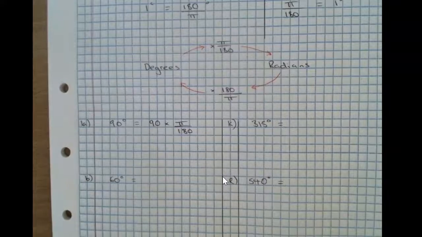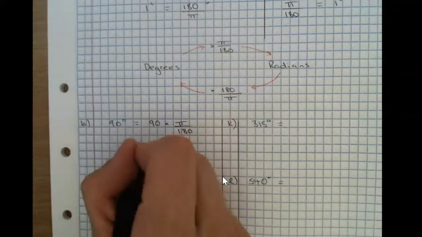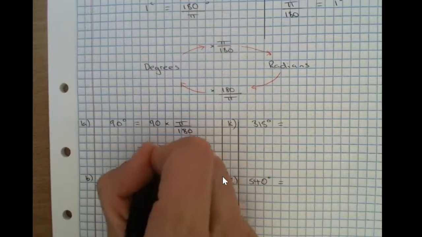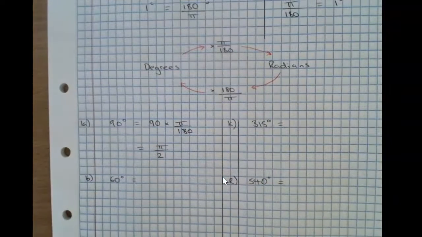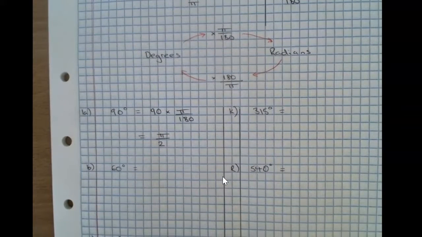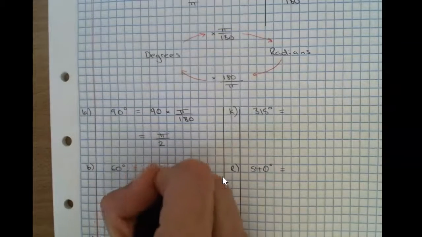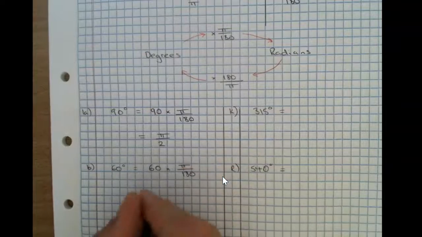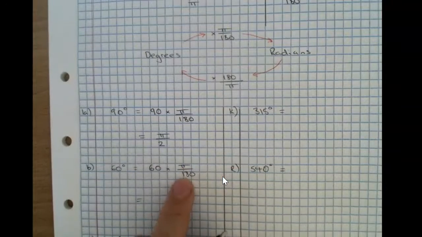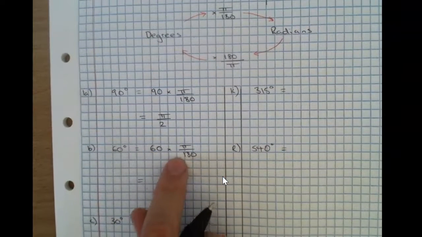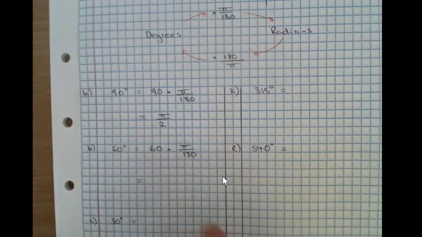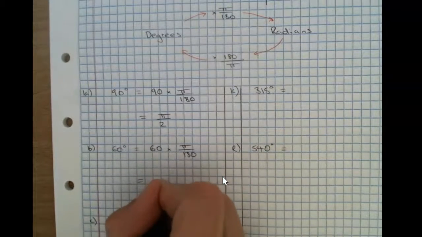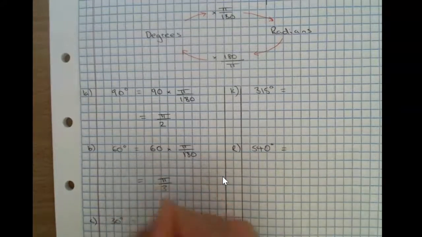And I look, 90 over 180 is a half, so this would be equal to pi on 2. Then B, I've got 60 degrees, so 60 times pi over 180, which is equal to 60 over 180. 60 goes into 180 3 times, so that's 1 over 3. So this will be pi over 3.